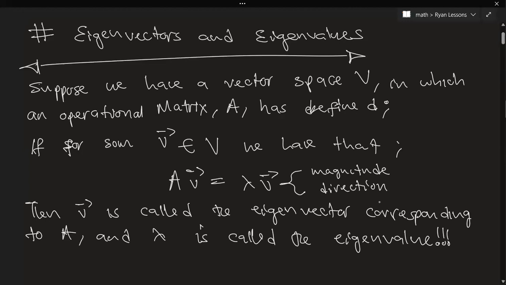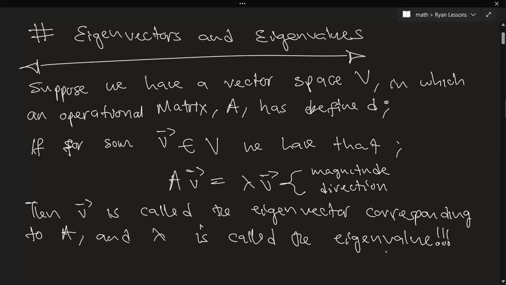So if there exists a vector which is such that when an operator operates on it, that vector only changes its size, but its direction remains the same, then we call that vector an eigenvector associated with matrix A. The scale by which it changes its size is what we refer to as an eigenvalue.